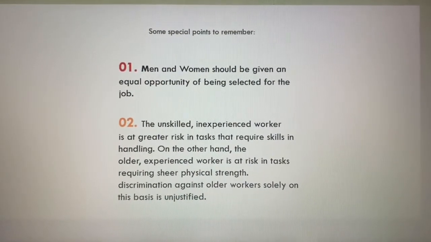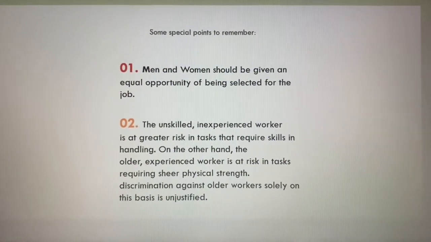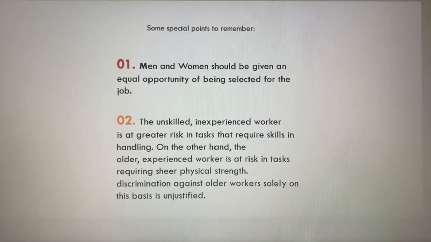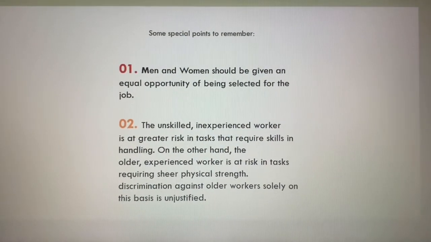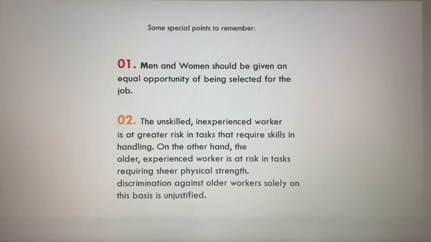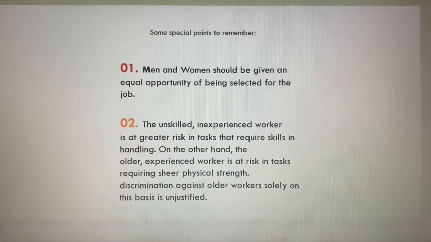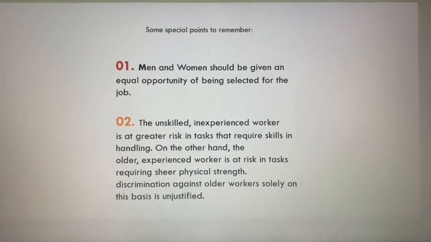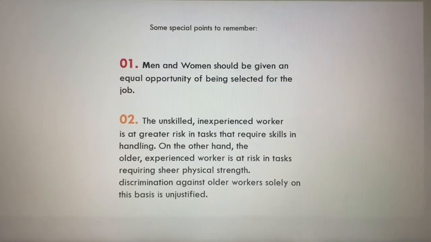Number 2, the unskilled, inexperienced worker is at greater risk in tasks that require skills in handling. On the other hand, the older, experienced worker is at risk in tasks requiring sheer physical strength. Discrimination against older workers solely on this basis is unjustified. Aging diminishes strength, but since the rate of decline varies greatly with the individual, such discrimination is unjustified.